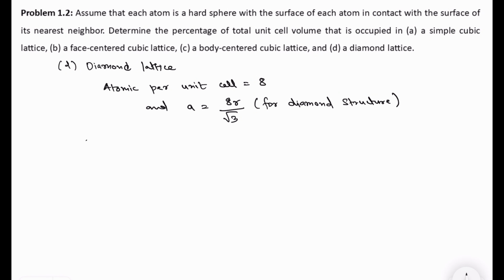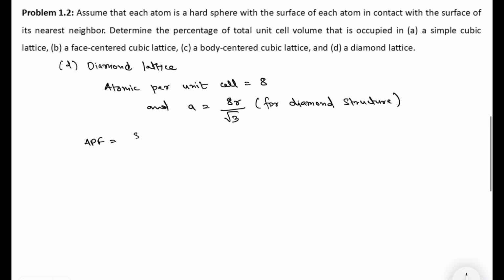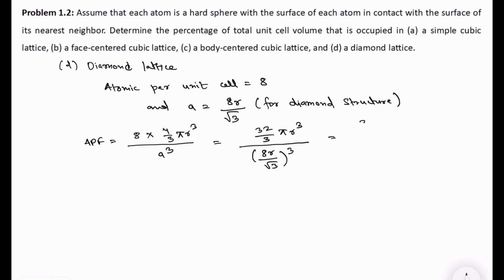Now the APF is equal to 8 times 4/3 πr³ upon a³. We'll substitute the value of a over here. We have 32/3 πr³ upon (8r upon √3) whole cubed, which is equal to 32/3 πr³ upon 512r³ upon 3√3.